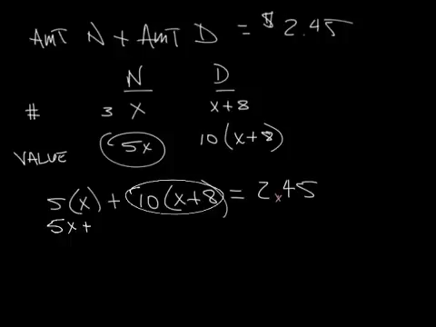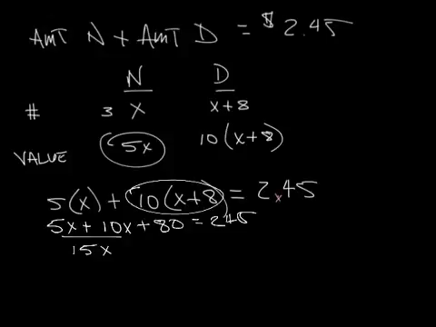Do our distributive. 10x plus 80 equals 245. You're going to add those together. Subtract 80 from both sides, so that goes away. And this will be minus 80. So that gives me 165.